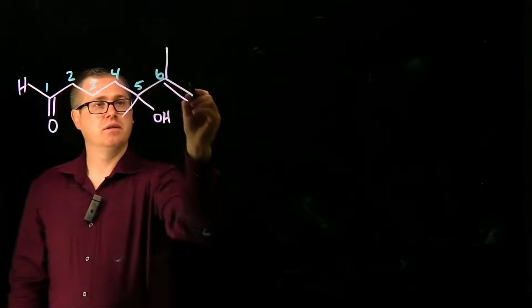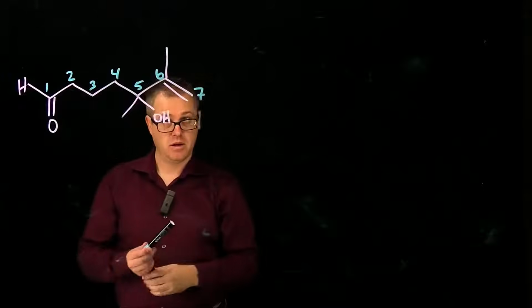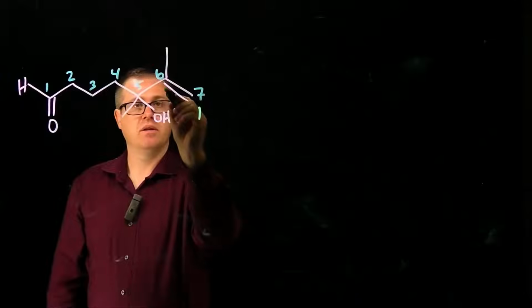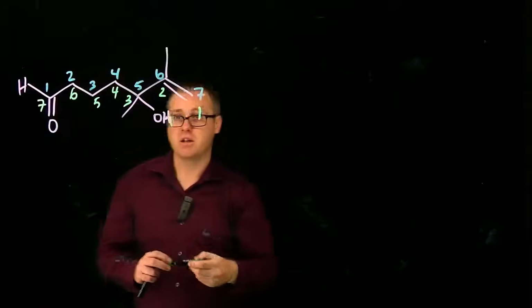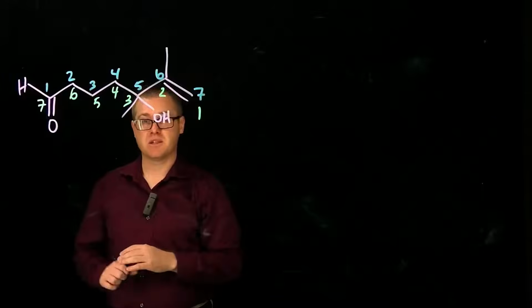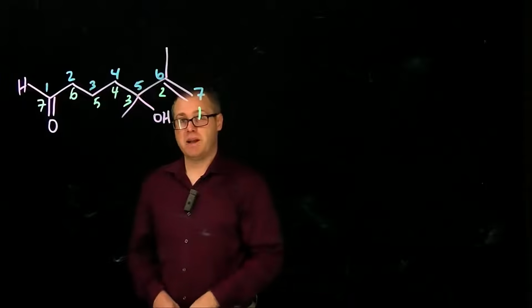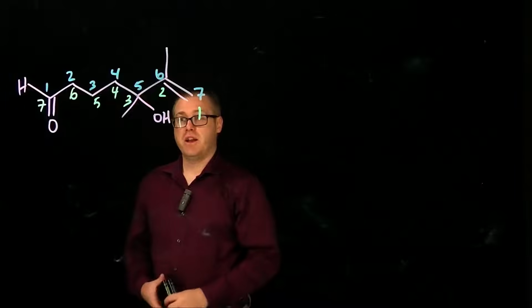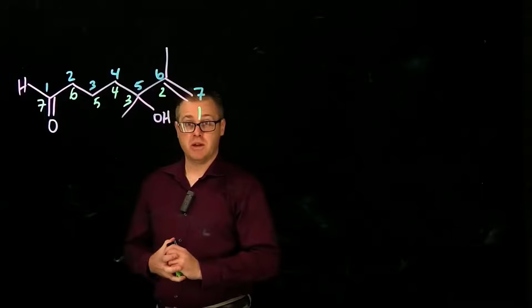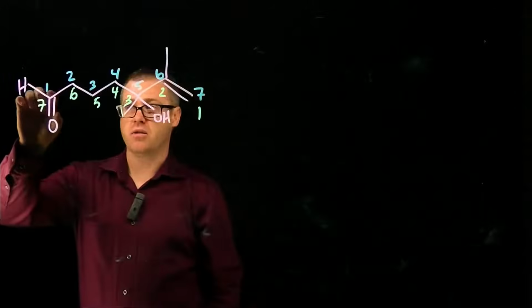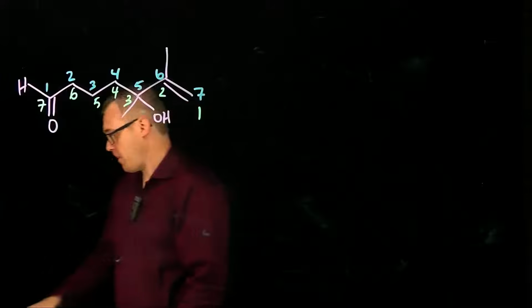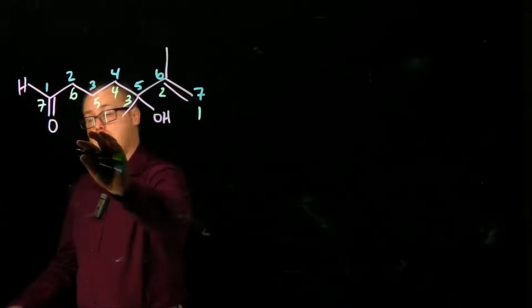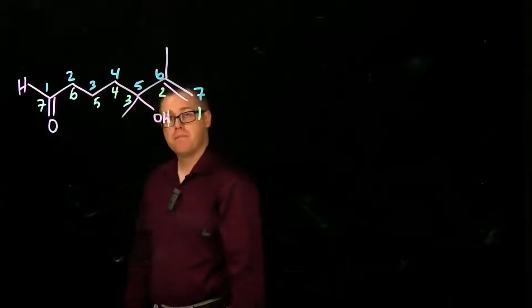So if I number it 1, 2, if I number in that order versus this way, what color of numbers is the correct way of numbering this parent chain? And hopefully you've all said in your mind that it would be the blue numbers. Remember, we always start with the aldehyde carbon, and then we number according to like that. So that's the idea about that one right there, okay?